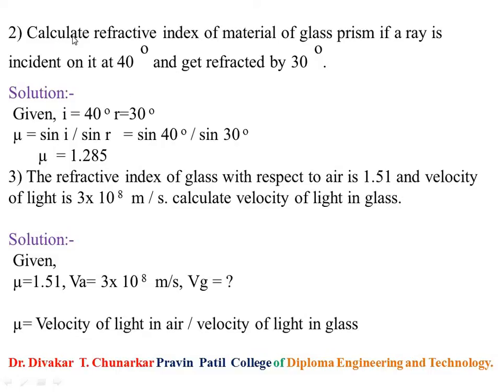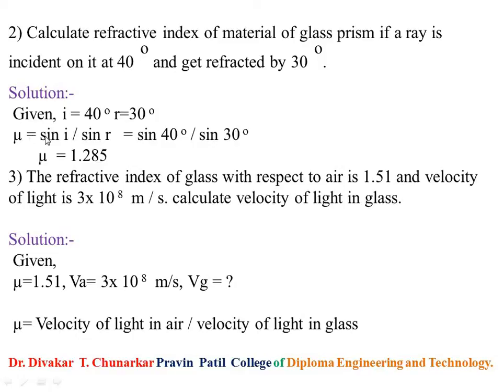So here we calculate the refractive index of the material of a glass prism if a ray is incident on it at 40 degrees and gets refracted by 30 degrees. In the problem we are given I, the angle of incidence, 40 degrees, and the angle of refraction, 30 degrees.